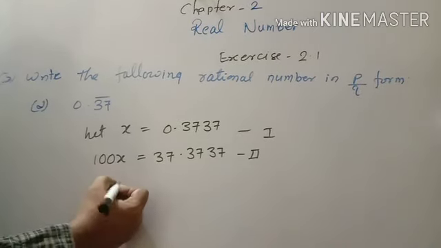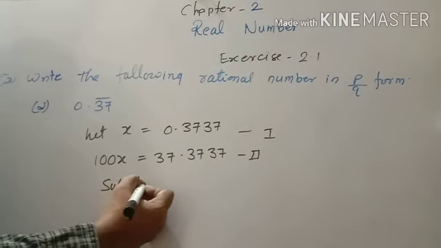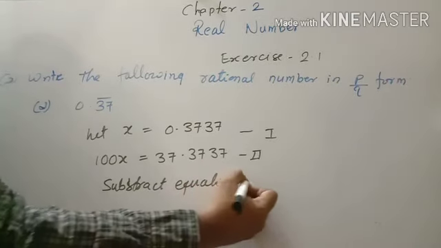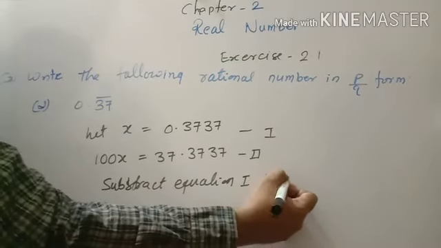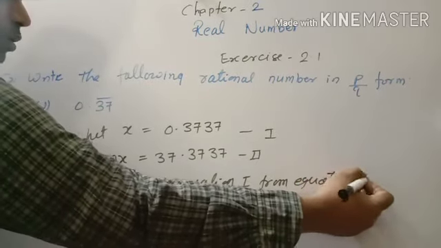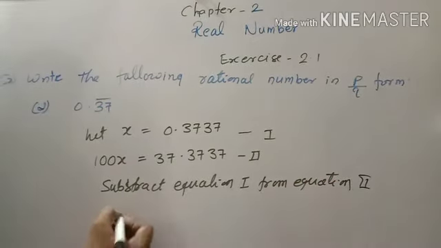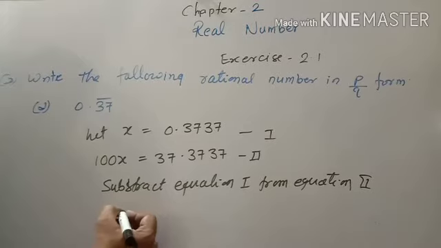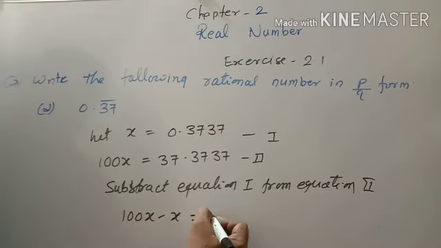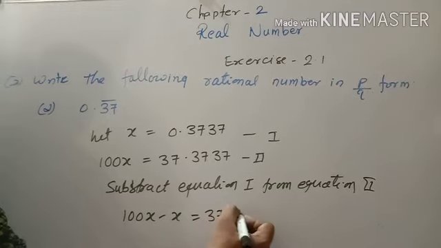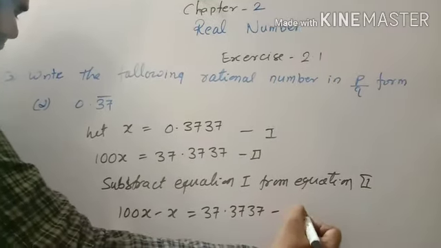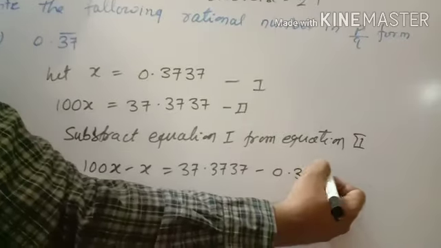So subtract equation 1 from equation 2. 100x minus x is equal to 37.3737 minus 0.3737.